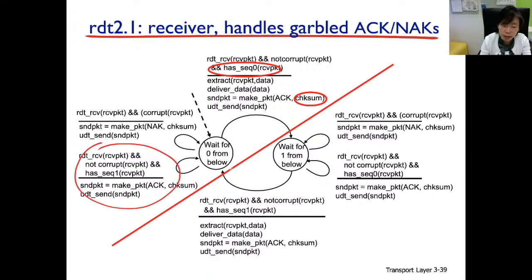So this is the case when we are waiting for packet 0 to arrive. We did get a packet, it's not corrupted, but wrong sequence number. How can this be happening? Well, this must be because, hey, sequence 1 here has already been received earlier. That's why we've already moved on to wait for 0.